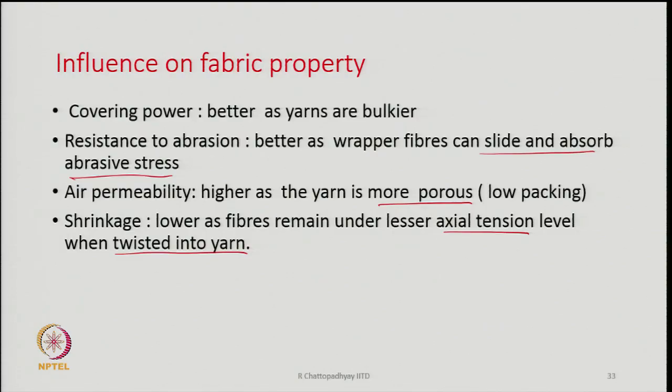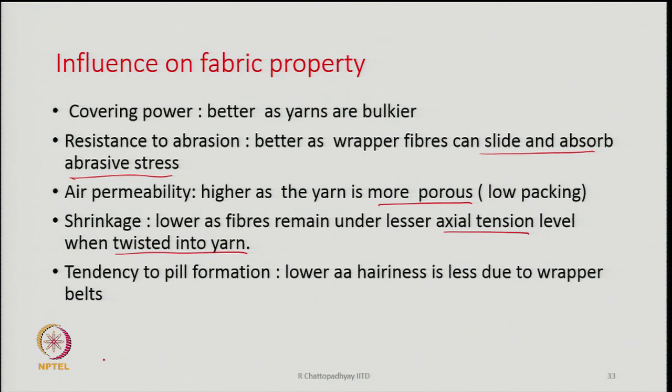So, fibers in the delta zone experience more tension in comparison to the fibers in the twisting zone or the yarn formation zone of the rotor spinning process. And because they undergo lesser axial tension during transformation from a bundle of fibers to twisted yarn, their shrinkage is less.